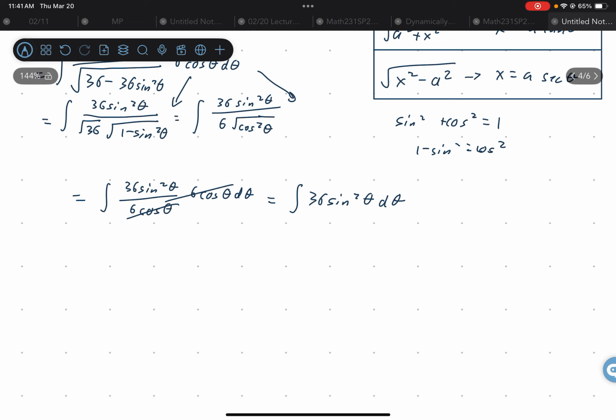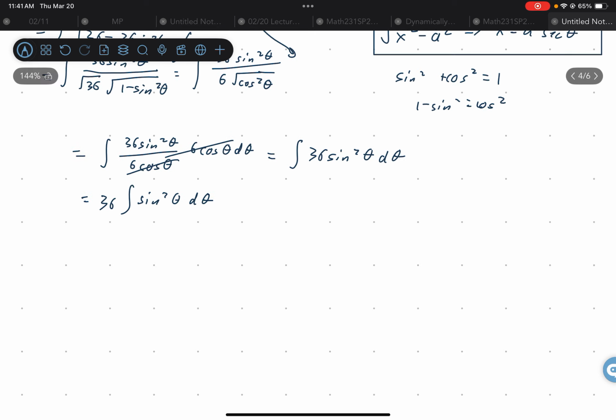Cool. Now, I'll keep working on this, but just factor out the constant 36, and we have sine squared theta d theta. This does get a little bit tricky because we have to antiderive this somehow. Now we're going to use some more trig identities.